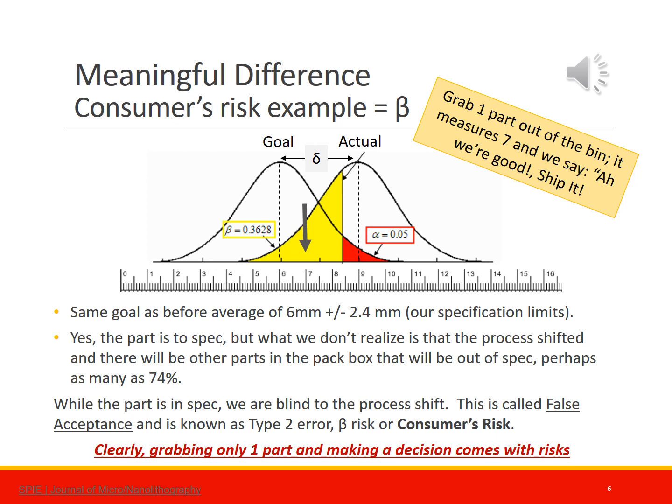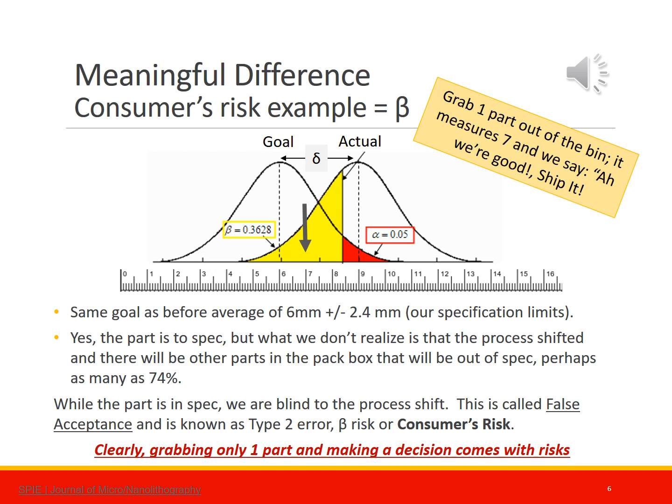And there will be other parts in the pack box that will be out of spec, perhaps as many as 74% of them. And yes, while the part is in spec, we are blind to the process shift. This is called false acceptance. It is known as type 2 error, beta risk, or consumer's risk.